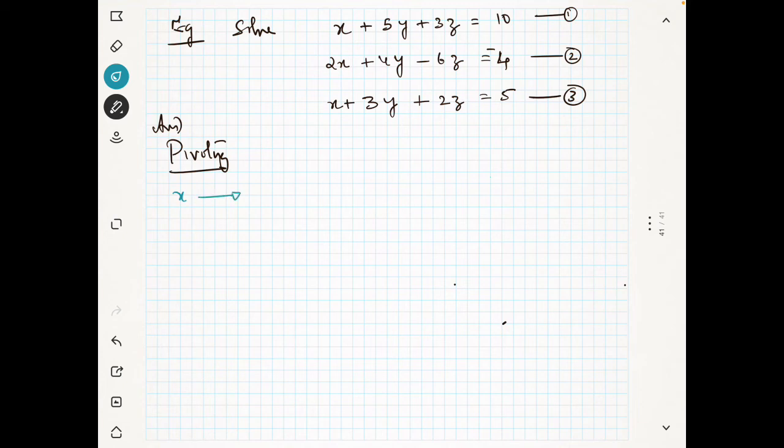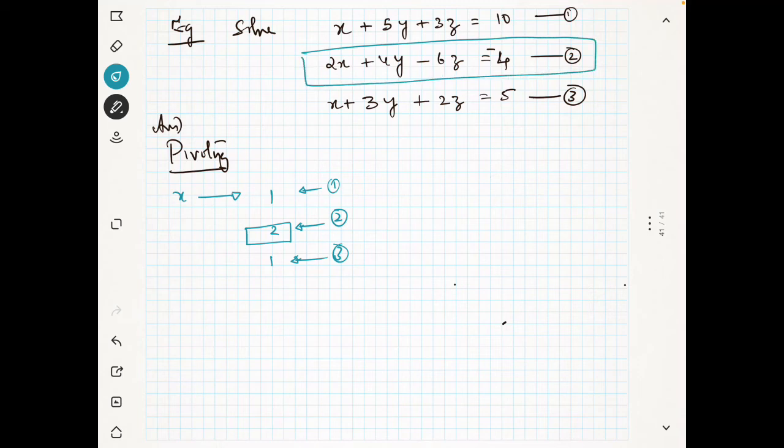So the coefficients of x from the first equation, second equation and the third equation, here it is 1 from the first equation, and here it is 2, and here it is 1. So which one is biggest? The biggest coefficient is this one. So I will write this as the first row of the augmented matrix.